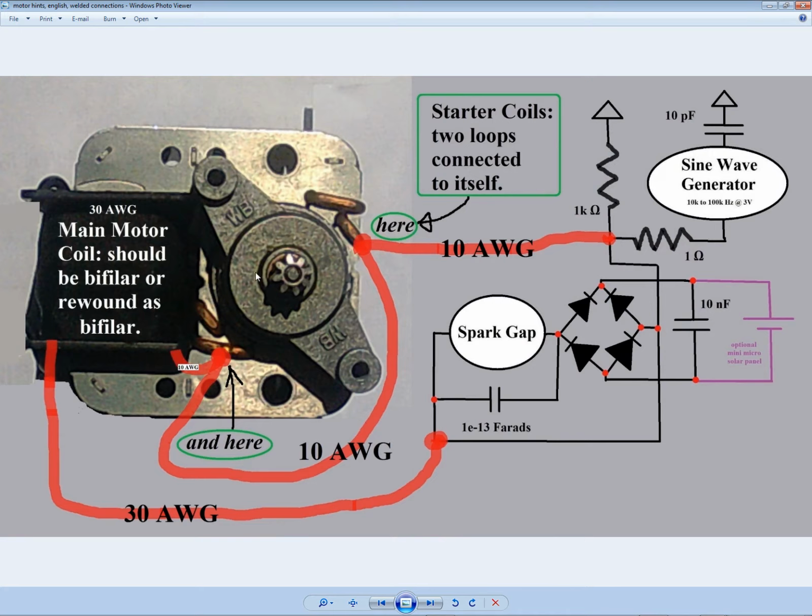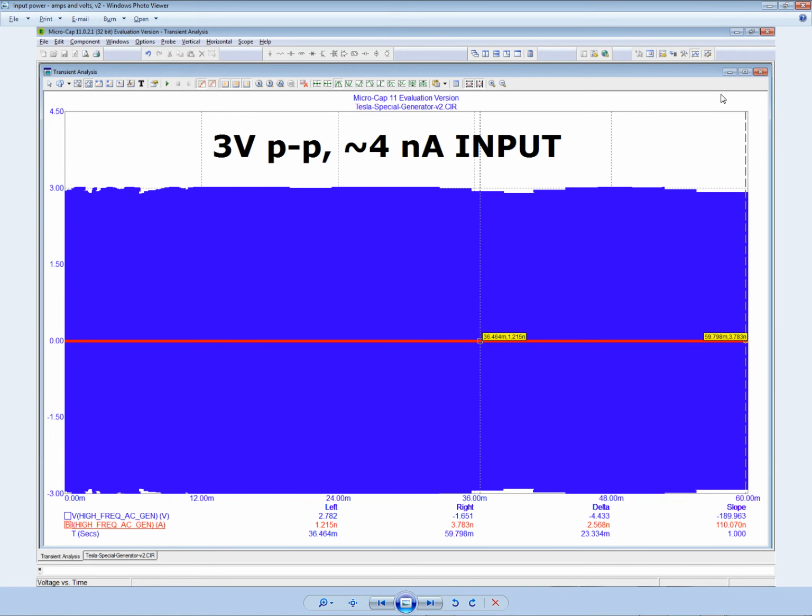The rotor, see, will act as an aerial to broadcast, but the ground connection will not, because I had forgotten that I did measurements on the input, and the input is 3 volts peak to peak, and the amperage is nanoamps, so how can it possibly broadcast through the ground?